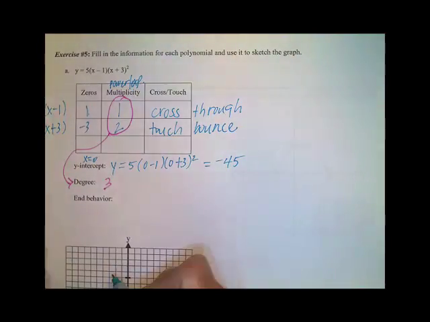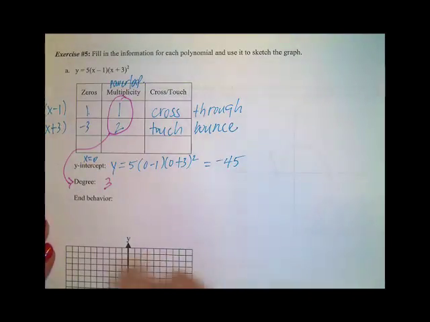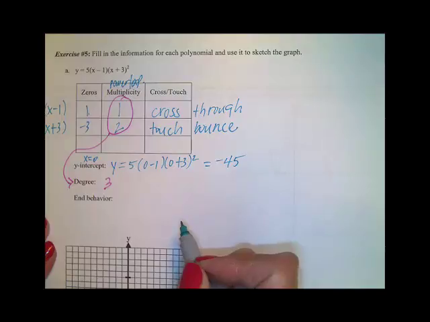So we know that the zeros are at 1 and at negative 3. We know that it crosses through, and we know that it touches or bounces here. And we know it goes through here. It's a positive A value. And we know it goes through negative 45.